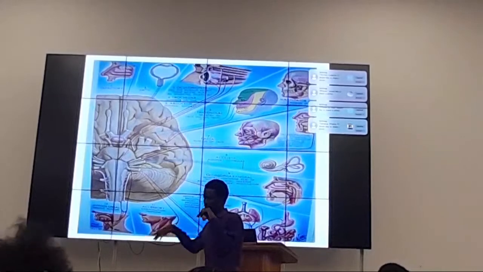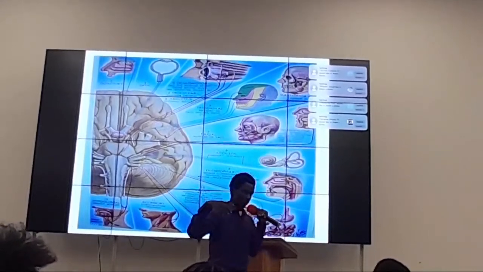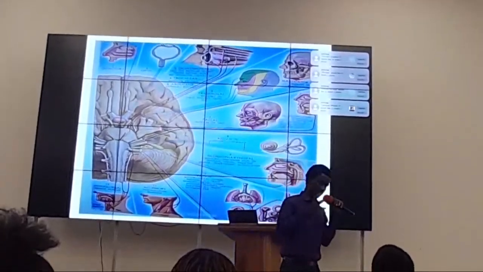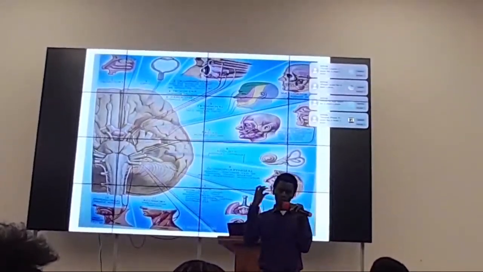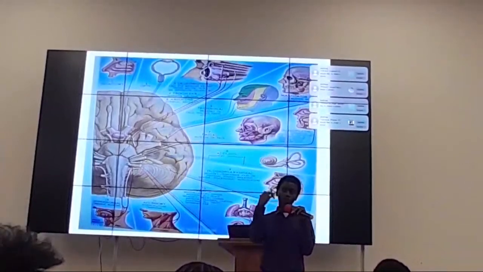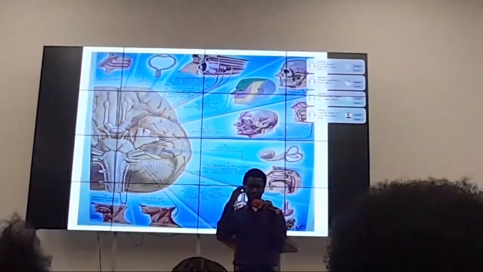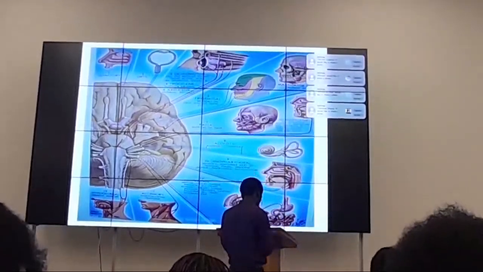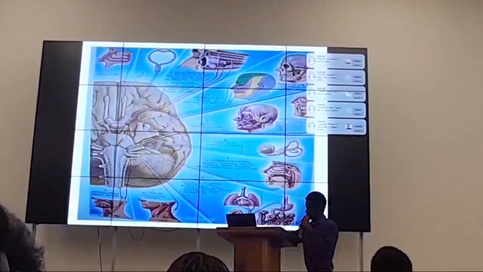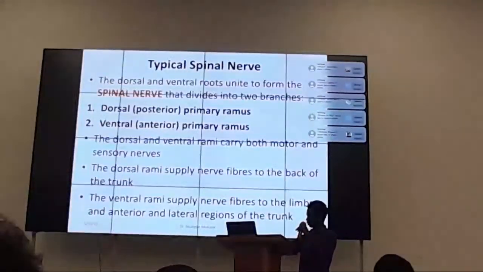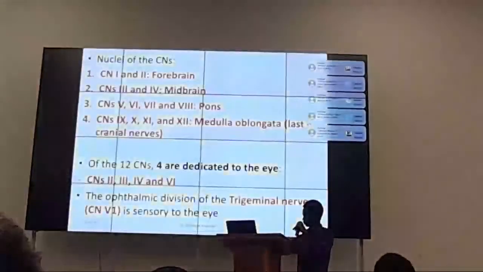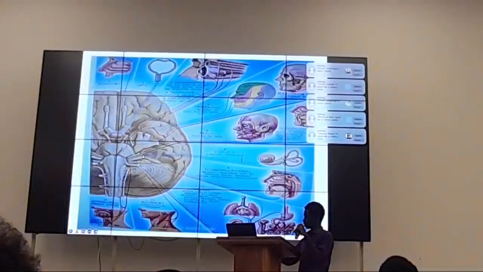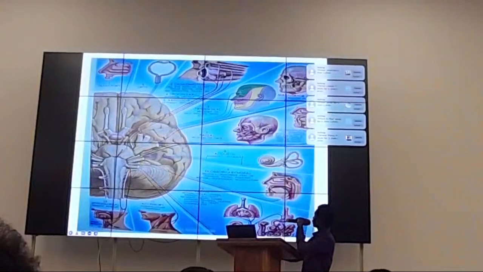Again, these divisions, ophthalmic together with maxillary, are purely sensory, for sensation of the face, in the distribution of the ophthalmic and maxillary regions. So you can see the colors there.